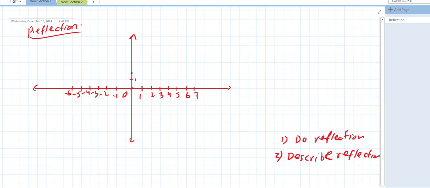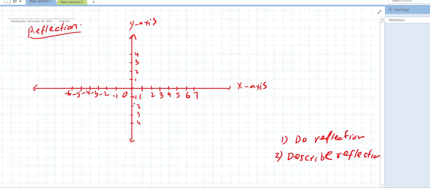Going down, 1, 2, 3, 4, but negative. The horizontal line is called the x-axis, and the vertical line is called the y-axis. The point where both axes cross, we call the origin. You know that already, but I'm just recalling it so that you can grasp the idea accurately.